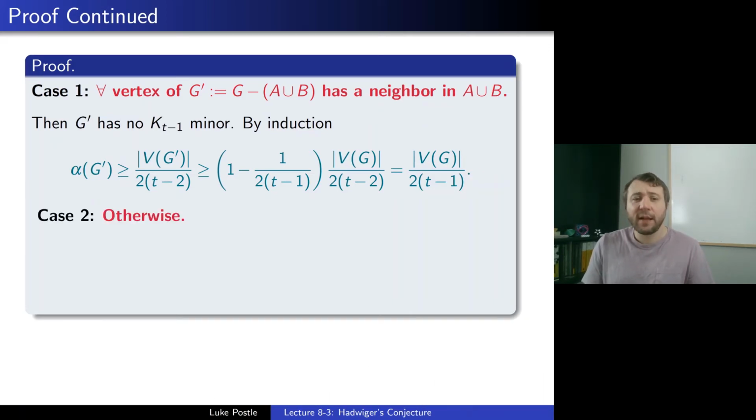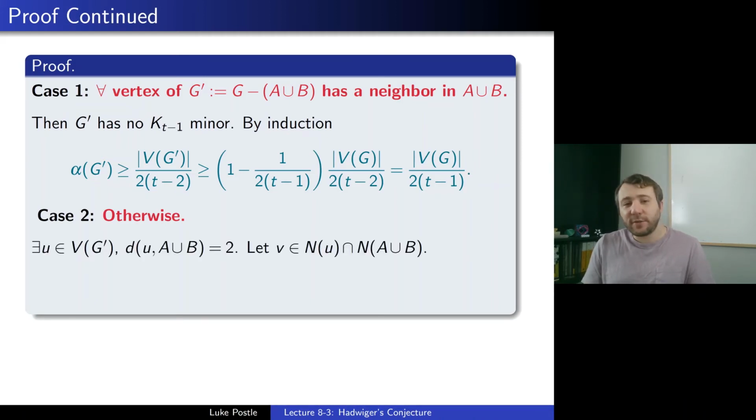Case 2, otherwise, says that there exists a u in V of G prime. So what does it mean? If not everybody's a neighbor, there'd have to be somebody that's far away. And here we're assuming that G is connected, because we could just do this on different connected components. Then we have that the distance from u to A union B is 2.